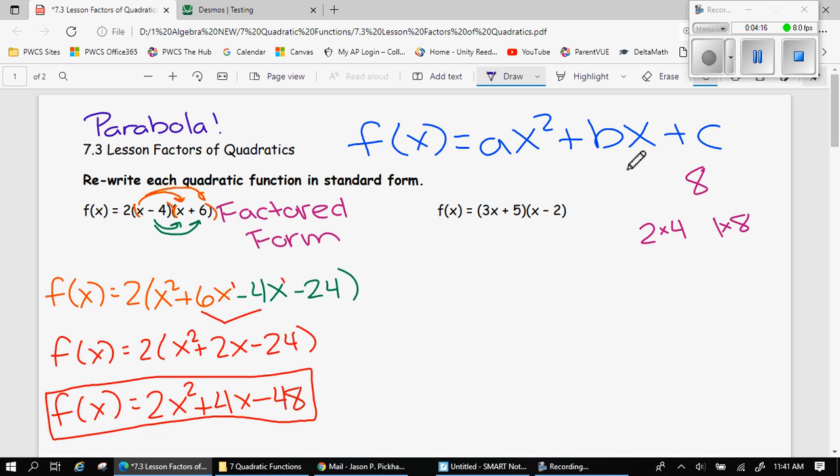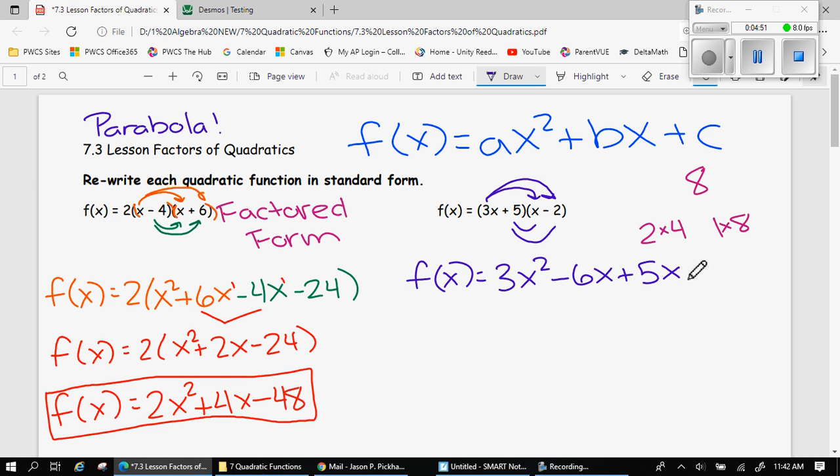So let me try a couple more. I'll do one more maybe, and you can try one. I'm going to multiply everything in this second parentheses by the first thing in this parentheses. So 3x times x gives me 3x squared. I don't need the parentheses anymore because I don't have anything out in front like I did on this one. 3x times negative 2 is negative 6x. Then I get to do 5 times x, and 5 times negative 2. 5 times x is 5x.